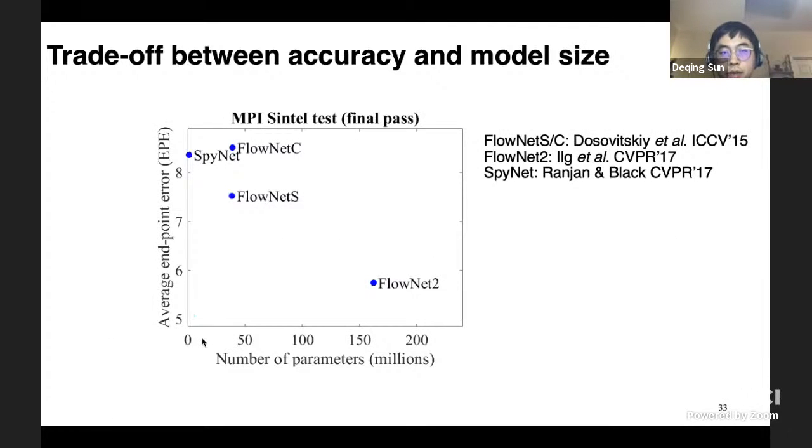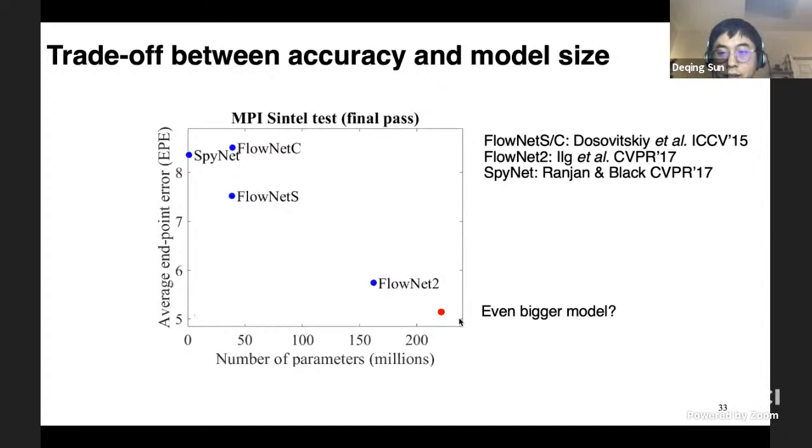If we compare with all the neural network-based approaches, there also is a trade-off between the accuracy and the model size. It seems if we want to achieve accuracy similar to the best traditional approach, we need a much bigger model so that we can have a bigger capacity. But the problem is a bigger model is usually more difficult to train.